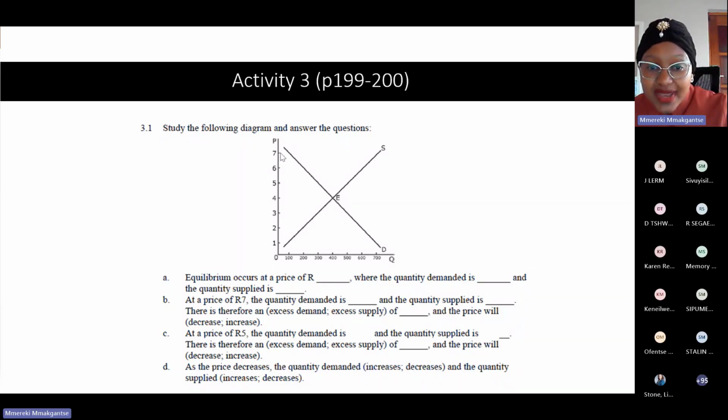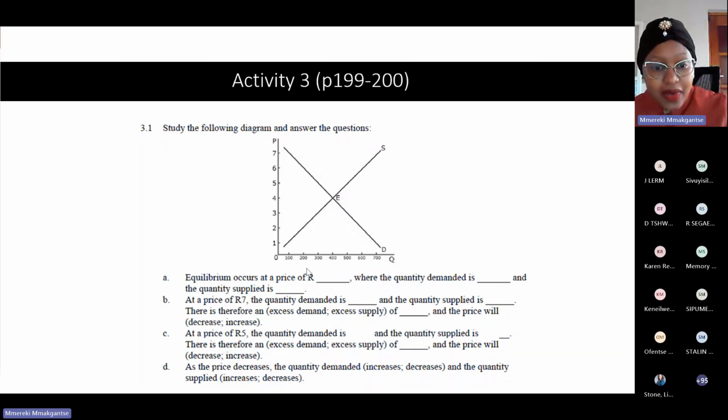Now at 7 Rand here, remember, quantity demanded, how much is quantity demanded? Yes, you are correct. If you are a supplier and people are buying your product at a higher price, you will want to supply more. But in this case, there's no market equilibrium.